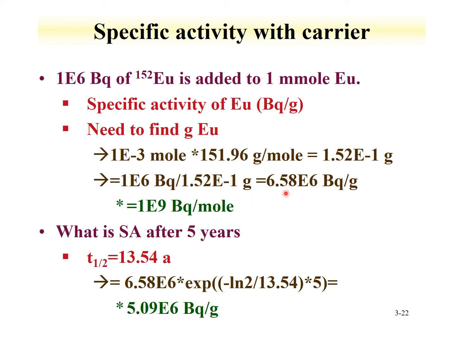So in terms of becquerels per gram, in 5 years it would go from 6.58 times 10 to the 6 becquerels per gram to 5.09 times 10 to the 6 becquerels per gram. So you do need to consider any changes in activity that would occur with your carrier and specific activity due to the half-life of the isotope that you're adding.